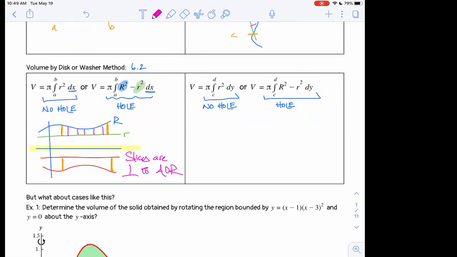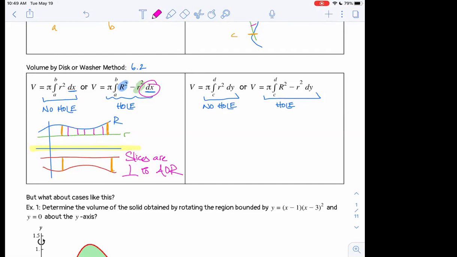What that also means, for some of us who are thinking, I still don't understand how she's making these decisions on whether I should use dx or dy, is that if you are rotating about the x-axis and you want to use washer method, it has to be dx. Let me say that one more time.